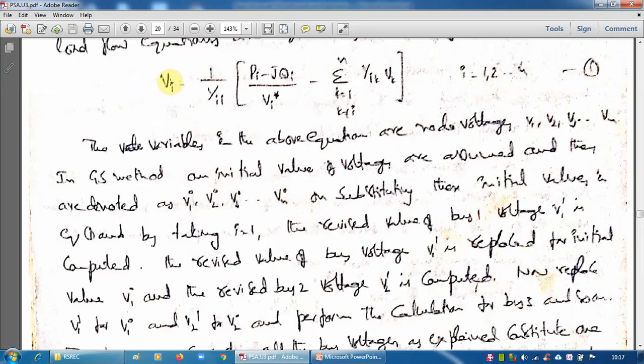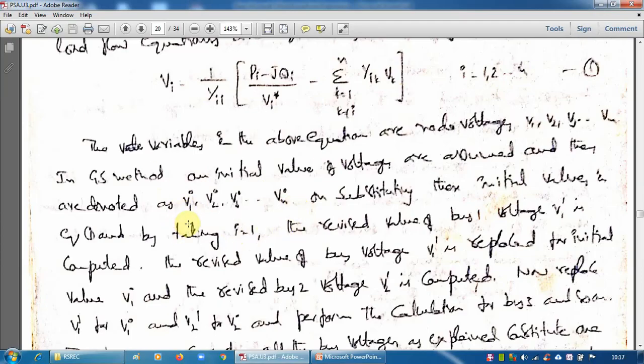First V1. V1 means first value, so we have not calculated any values yet. So in this expression, for all voltages, we substitute these initial values only, because we did not calculate any values.